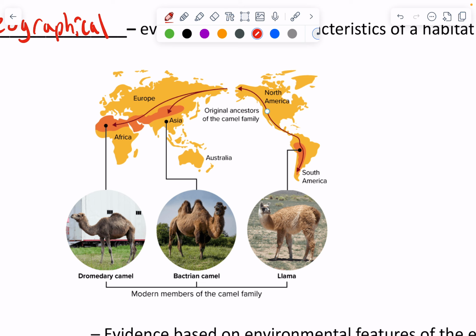And so we look at characteristics of a habitat or land area, and we can see similarities between them across the world. So llamas, for example, originated closer to North America, and then we have some populations that traveled south to South America. And then when Alaska and Russia were closer together, maybe an ice bridge formed where they could migrate into Asia and Europe and then into Africa, with members of the camel family changing and adapting to the environment that they are living in.